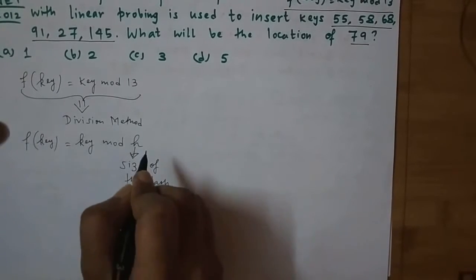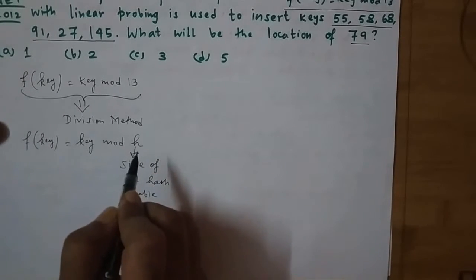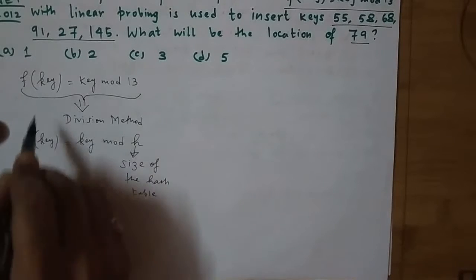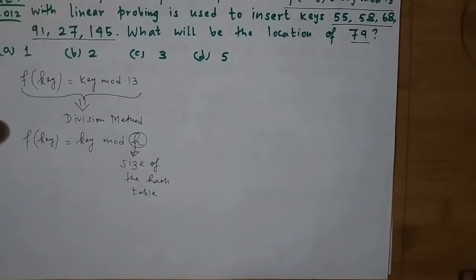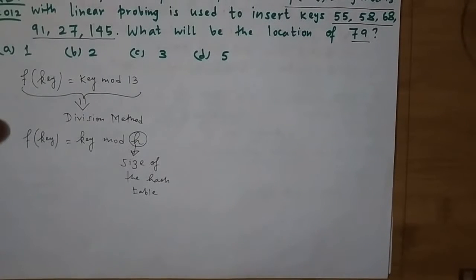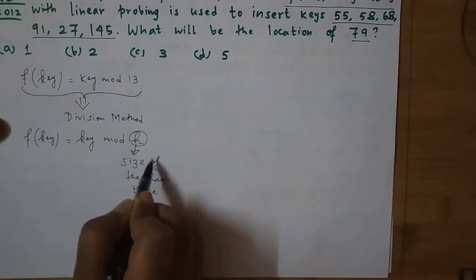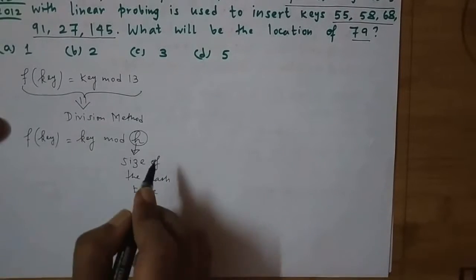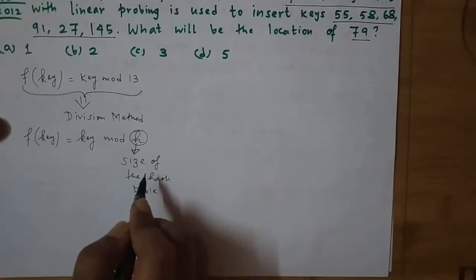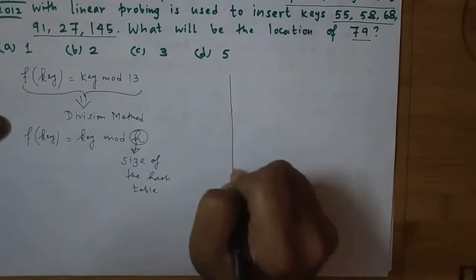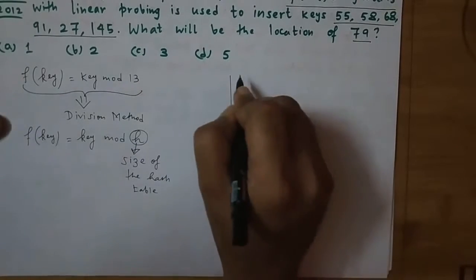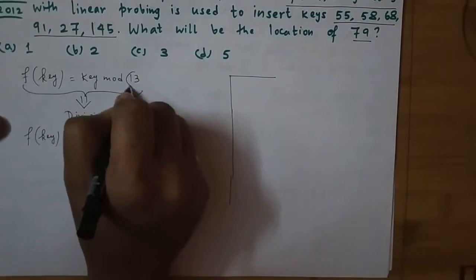This is what is generally assumed. If we use the division method, then h will generally be a prime number or a number without small divisors. Why? Because it will minimize the number of collisions. Also, h should be the size of the hash table, and more often than not it is. So it is safe to assume that the hash table we will be dealing with in this problem is of size 13.